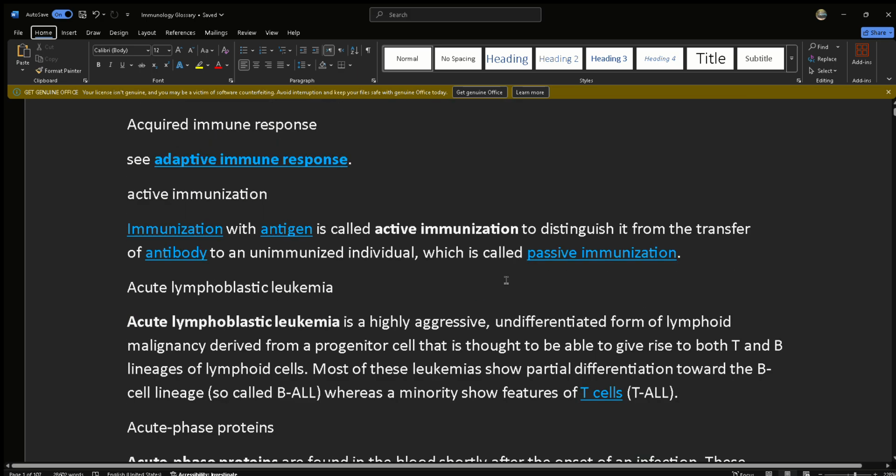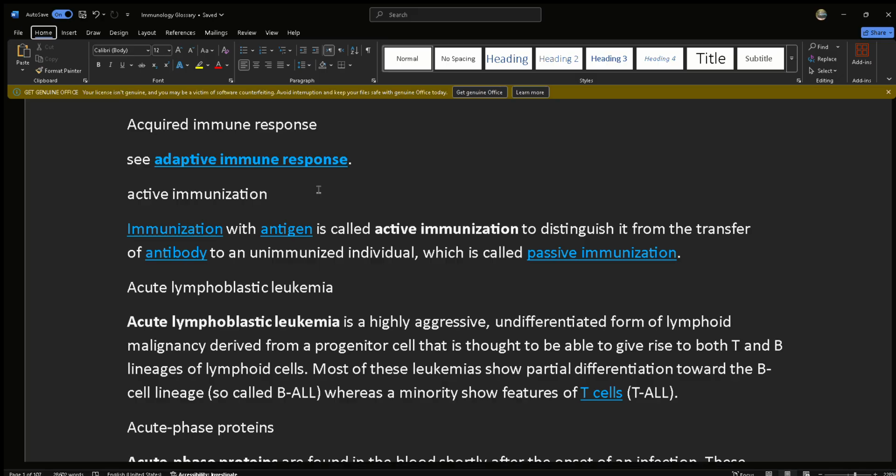Then next is active immunization. Immunization with antigen is called active immunization to distinguish it from the transfer of antibody to an unimmunized individual, which is called passive immunization. So there are two types of immunizations, active and passive. In some books they write active immunity and passive immunity.